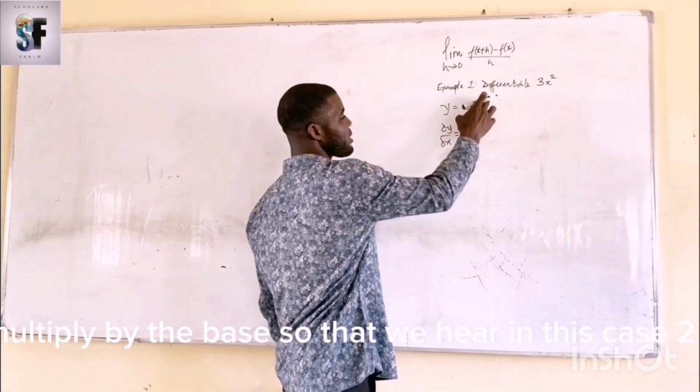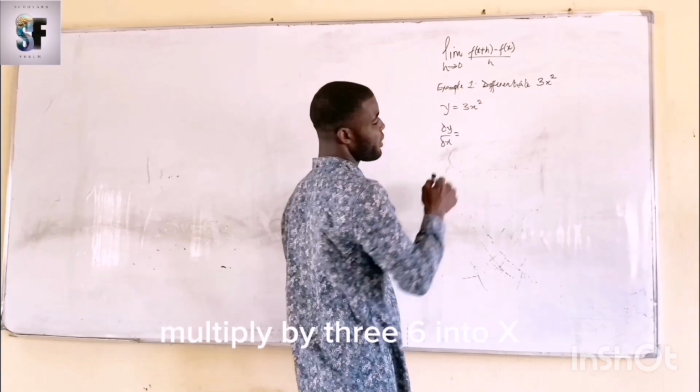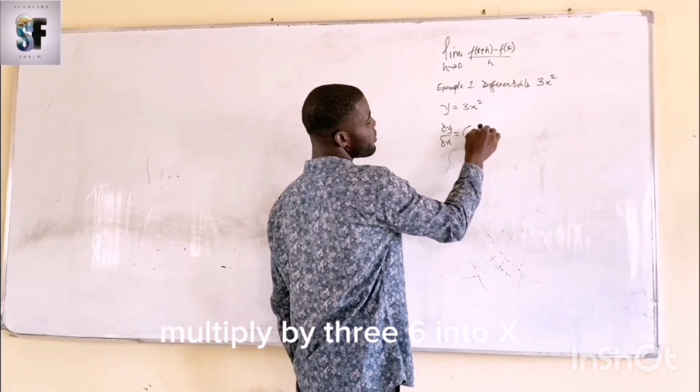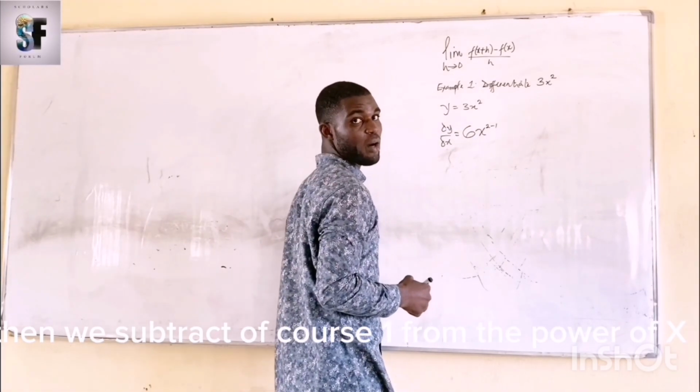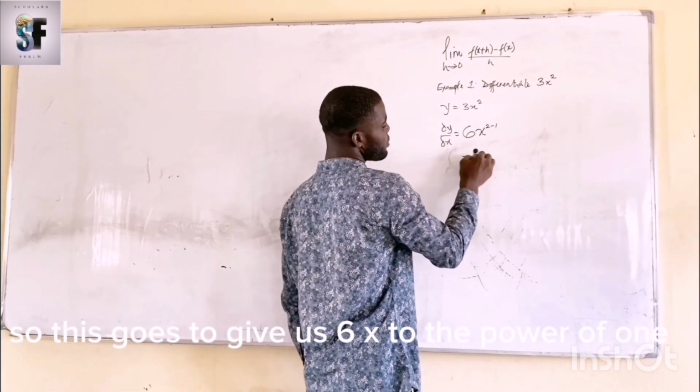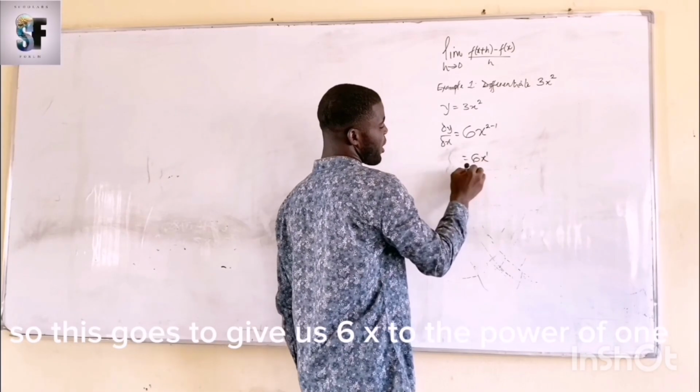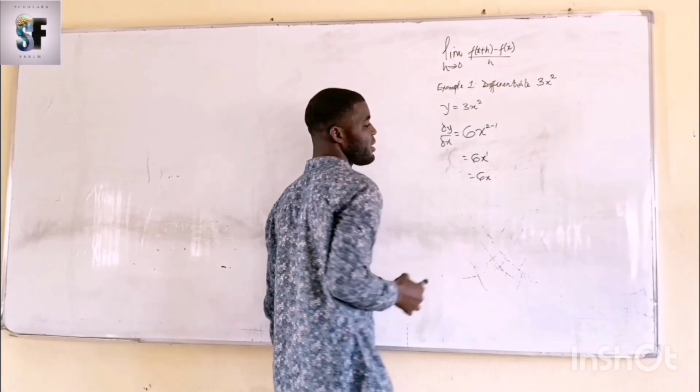So in this case 2 multiplied by 3, giving you 6 into x. Then we subtract 1 from the power of x. So this gives us 6x to the power of 1, which returns 6x.